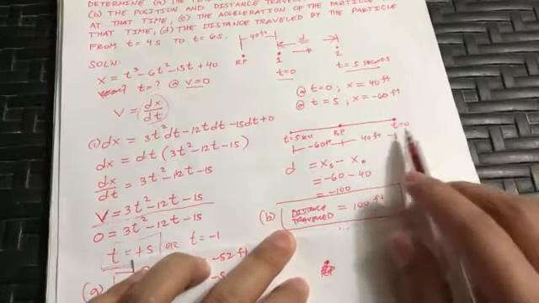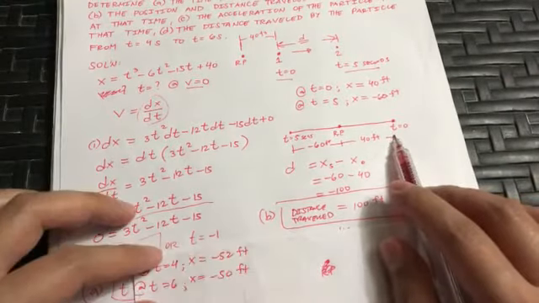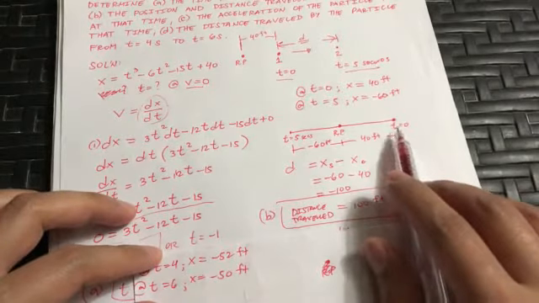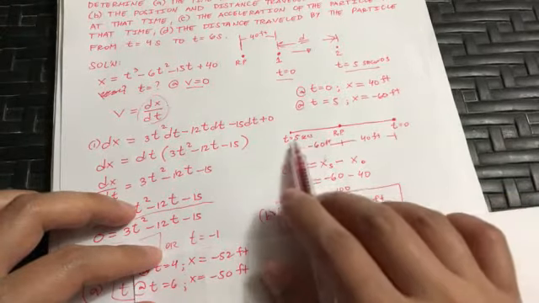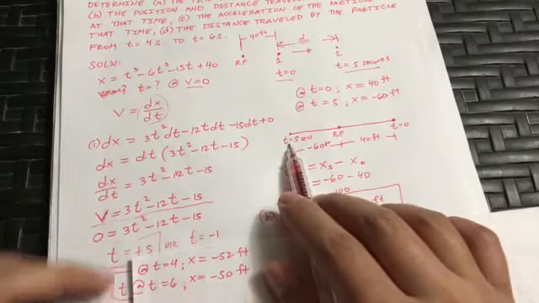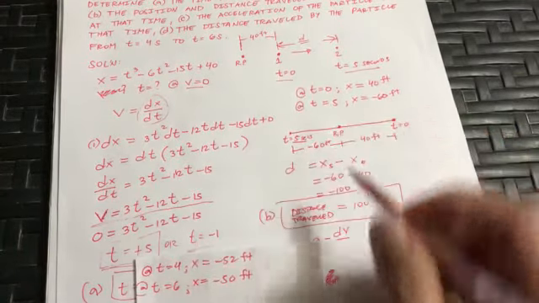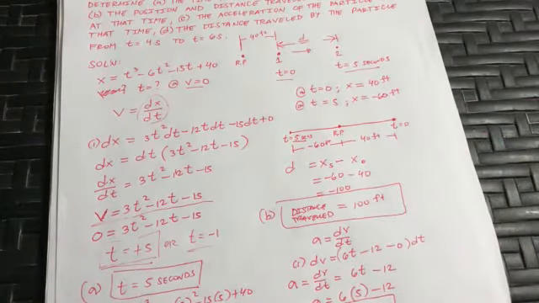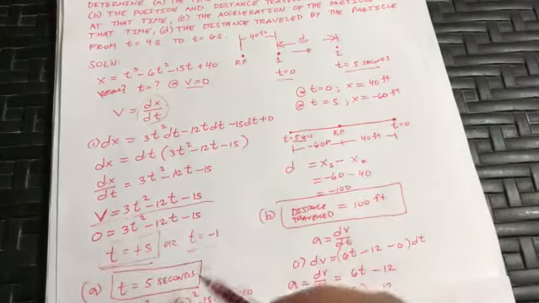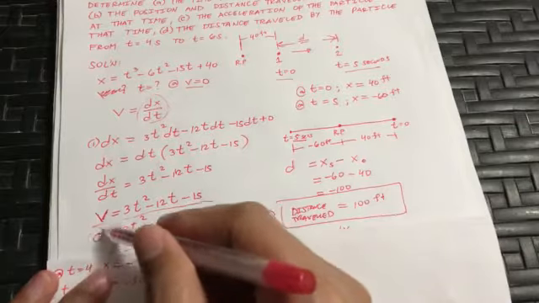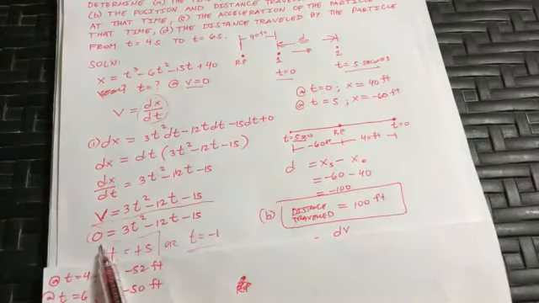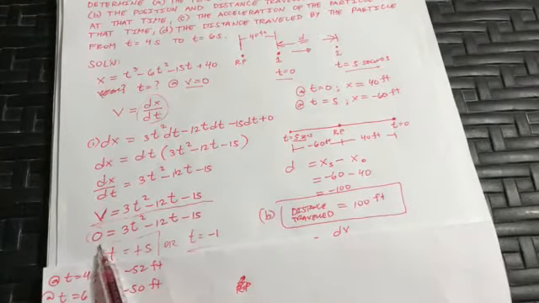Going back to the first question, the distance traveled is 100 feet. Starting at time equal to 0, the object moved from this point up to 5 seconds, this point. Now notice that at time 5 seconds, that is when our velocity was 0.